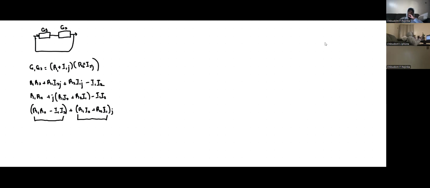So our amplitude ratio, we'll say, is the square root of the square of these two, squared plus R1 I2 plus R2 I1 squared. Again, we'll open up the brackets.